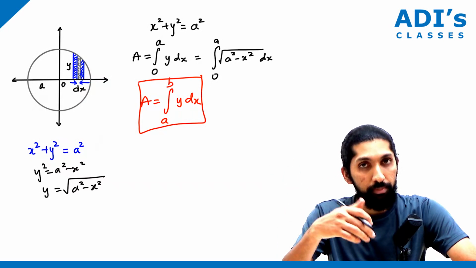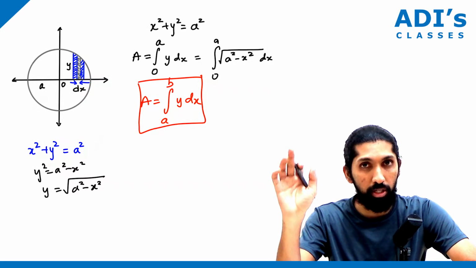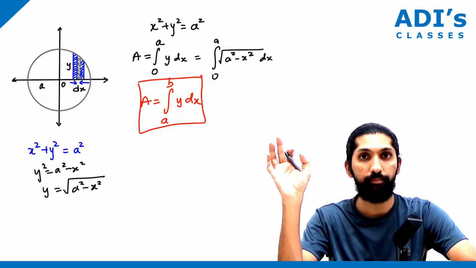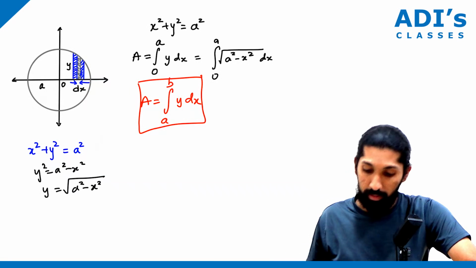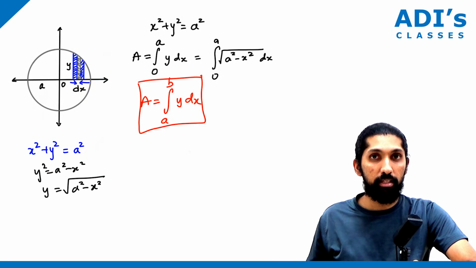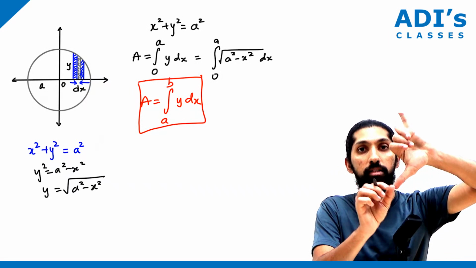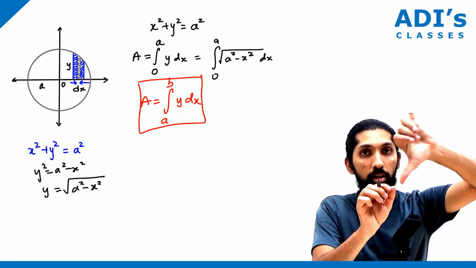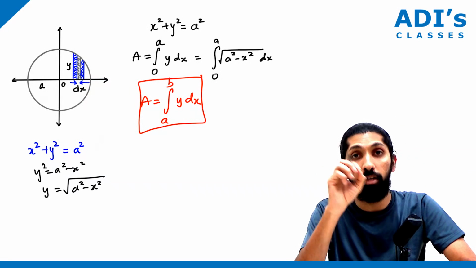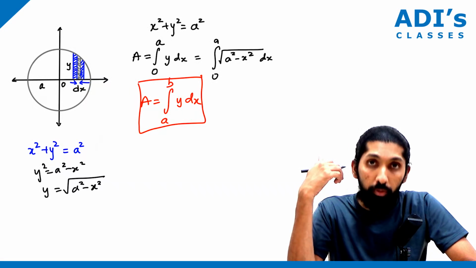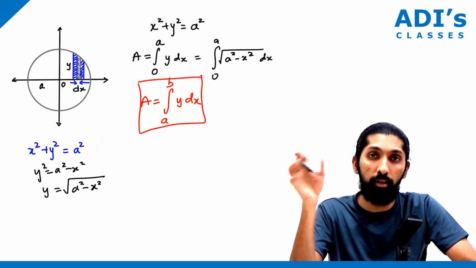Ellipse changes, parabola changes, some random weird curve changes, everything is different. But the formula is the same. That's the integration of y dx, because dx is the small horizontal distance and y is the big vertical distance. Horizontal into vertical gives you the area of the rectangle. You add all the figures, you integrate all the figures, and that's going to give you the area of this particular curve.